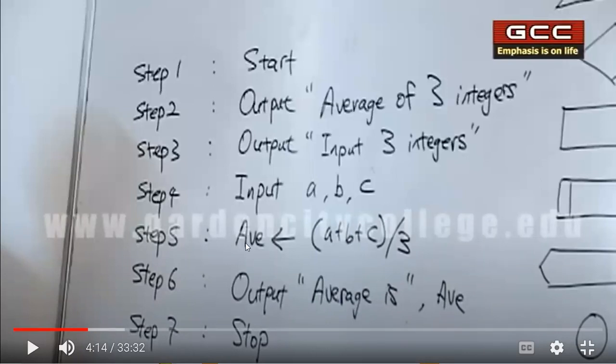Right here again, you'd have the volt because volt would equal I times R. So you can write V if you want, but write volt. Volt is equal to I times R with the arrow, and down here output, open quotation, voltage is, close quotation, comma, volt. So voltage is volt.